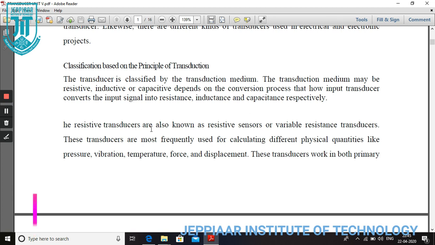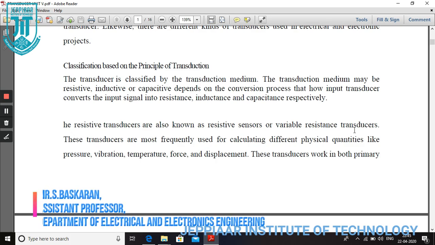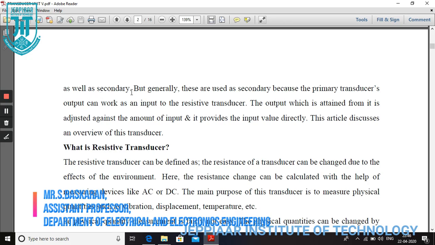Resistive transducers are also known as resistive sensors or variable resistance transducers. They are most frequently used for measuring physical quantities like pressure, vibration, temperature, force and displacement. They work as both primary and secondary transducers, but generally are used as secondary because the output of the primary transducer can work as an input to the resistive transducer.